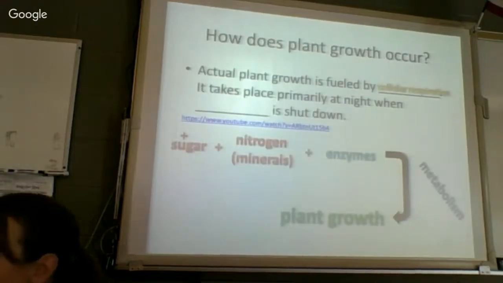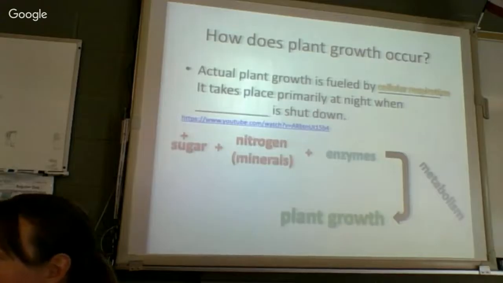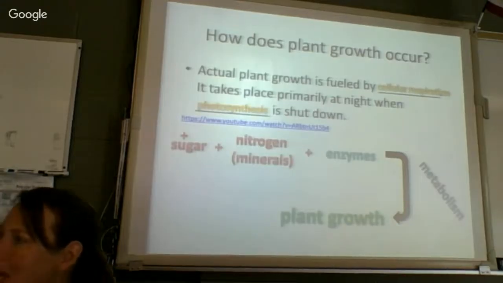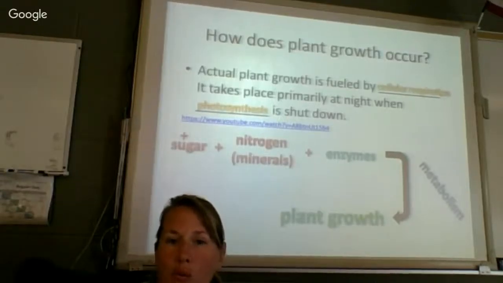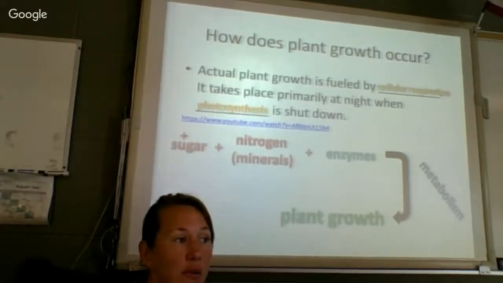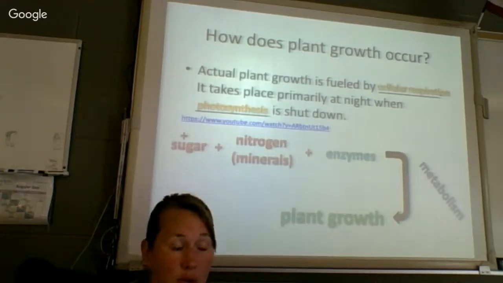Which brings us to our next point. Actual plant growth, actual human growth is fueled by cellular respiration. It takes place primarily at night when photosynthesis is shut down in plants. So when the sun is out, the plant's busy photosynthesizing, making glucose, sugars.